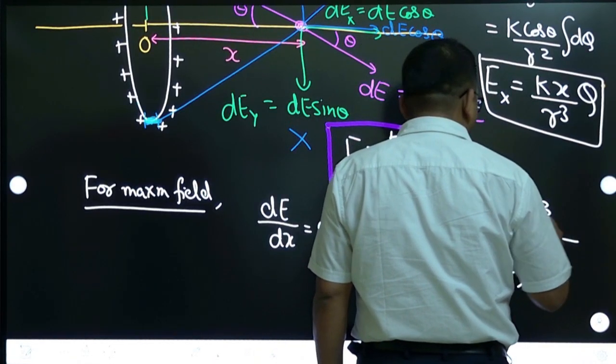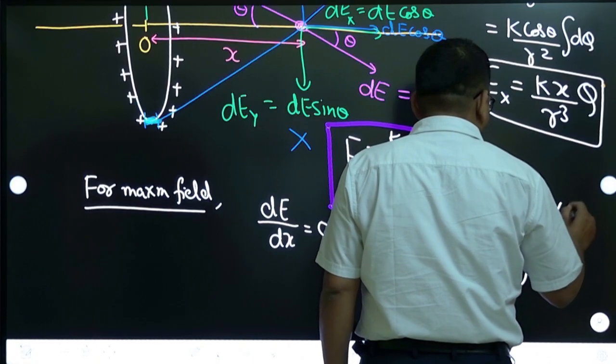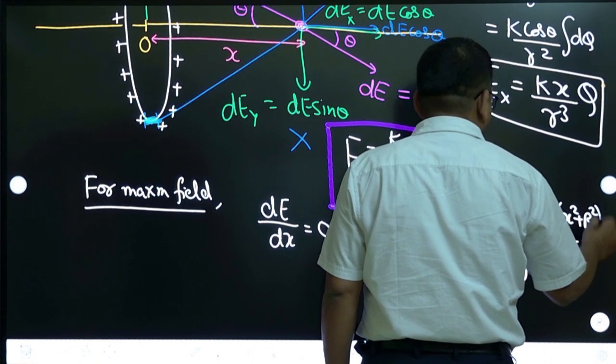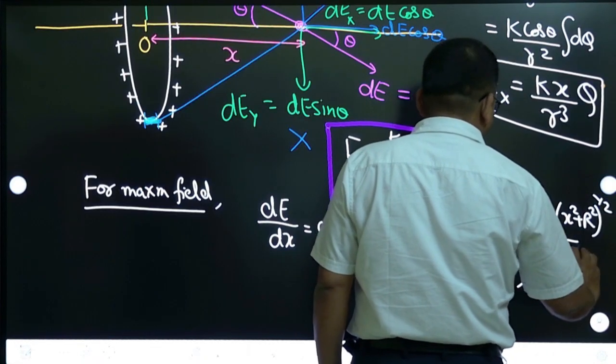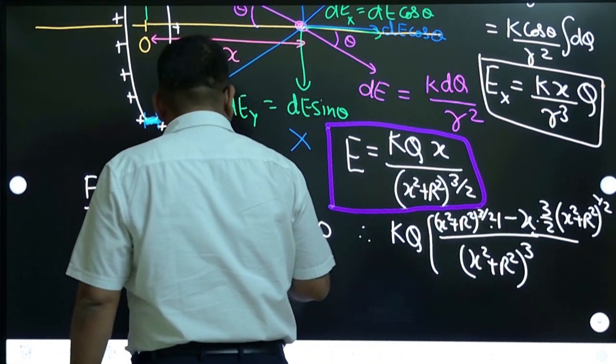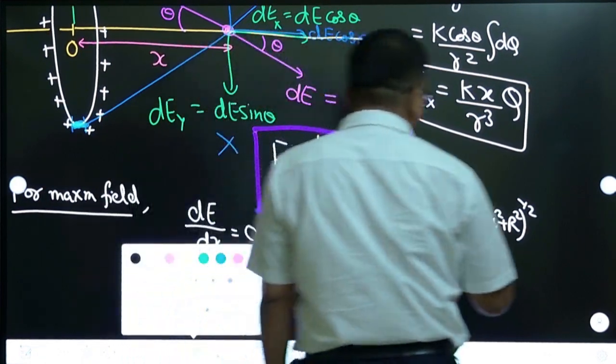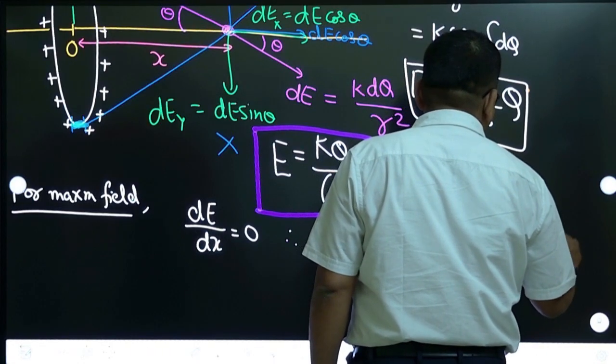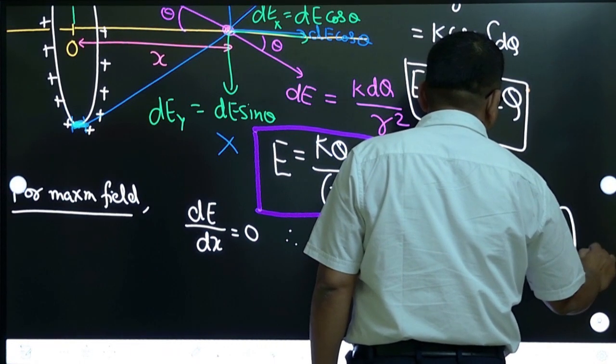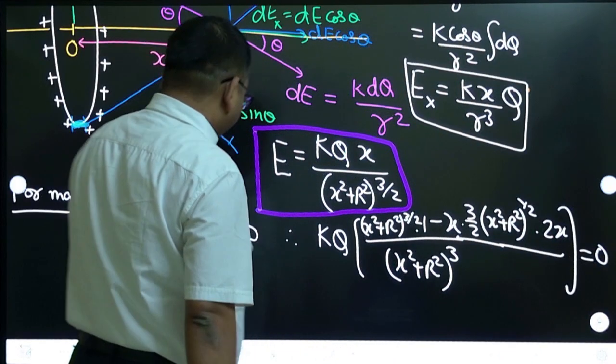Minus 1 means the root, it will be x square plus r square to the power half. Then the chain rule is used, so this 2x also will come. This is the differentiation, you have to equate it to 0.